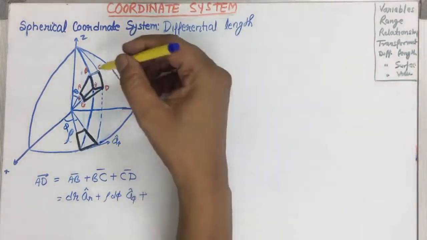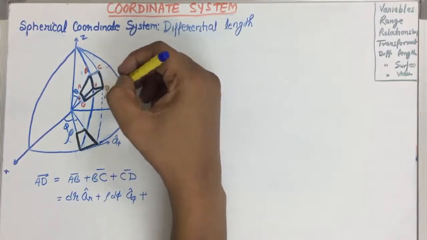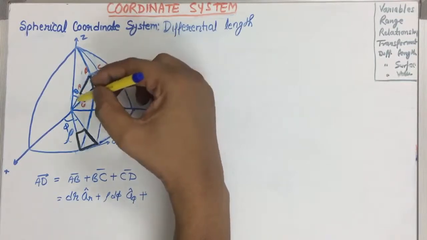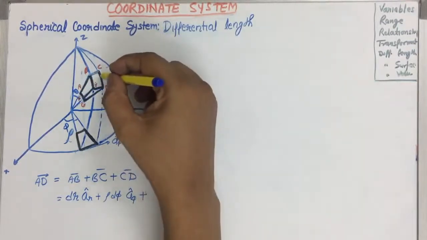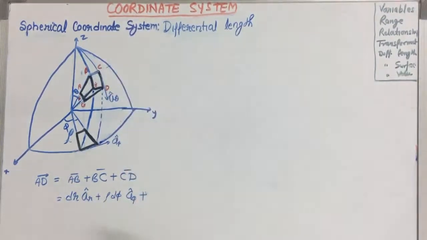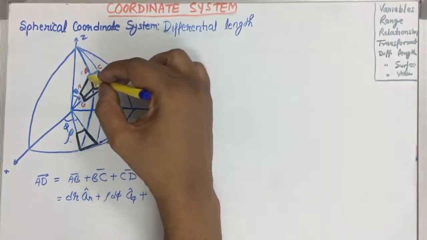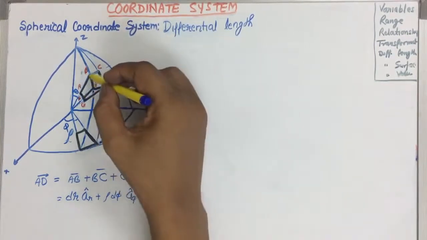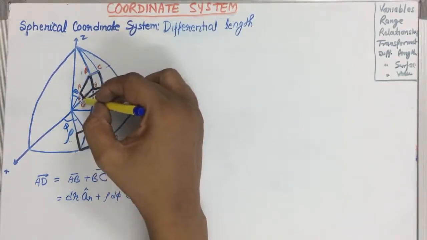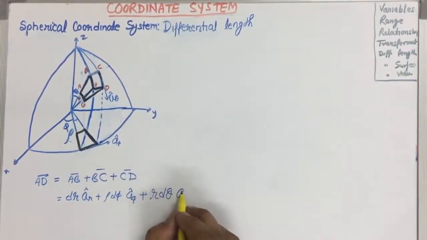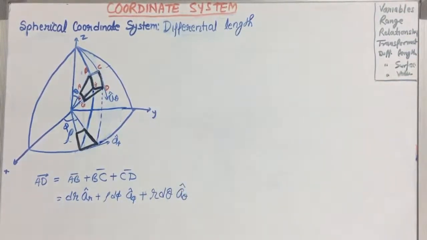And CD is due to the displacement d theta. So this will be in the direction of a theta, and the displacement will be this radius with the angular displacement. So this is r, this is d theta, so this will be r d theta in the direction of a theta. So everything is known from here.